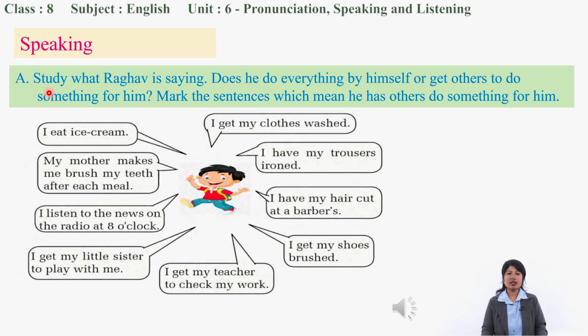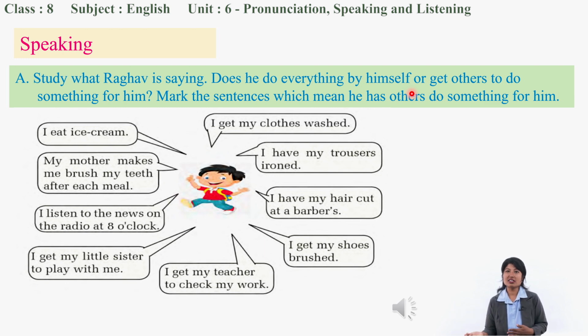Speaking. A. Study what Raghav is saying. This little boy's name is Raghav. Okay. He's saying something. There are many speech bubbles, as you can see. Does he do everything by himself? Do you do everything by yourself? Obviously not, right?